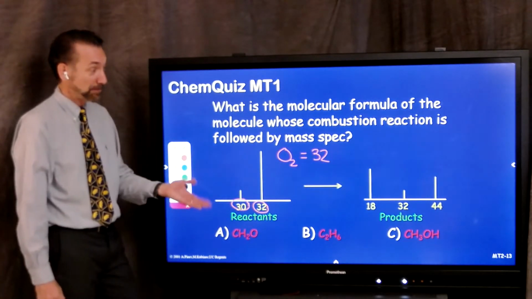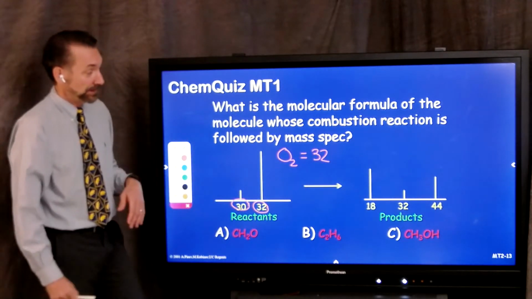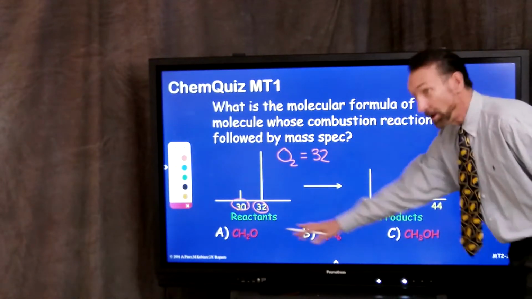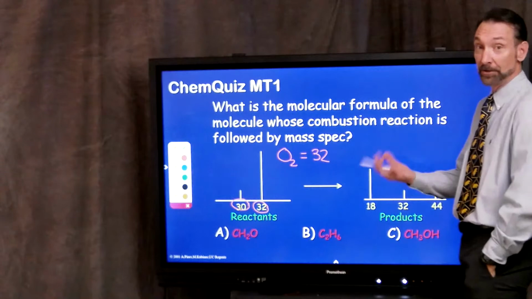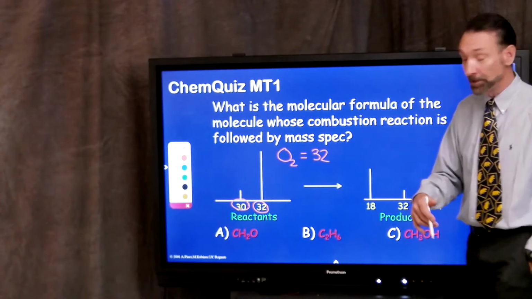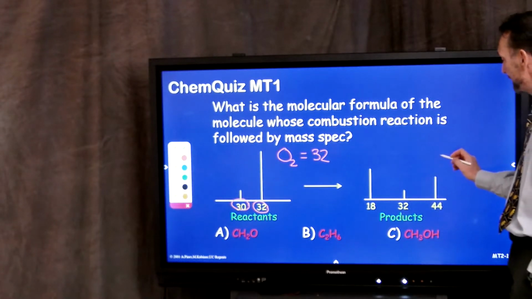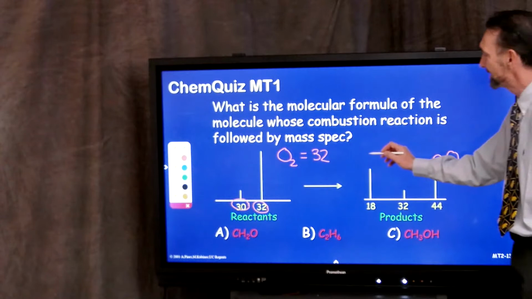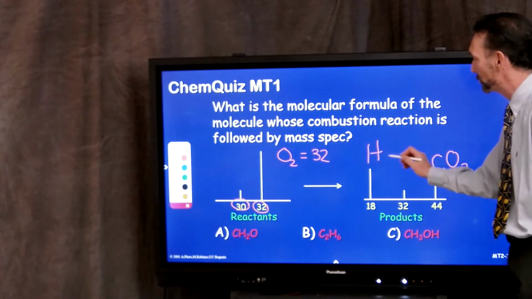So that's already some information. If we look at the products, and these are all hydrocarbons, and we said whenever hydrocarbons burn in oxygen, you get carbon dioxide and water, and you probably recognize mass 44 as CO2 and mass 18 as H2O.